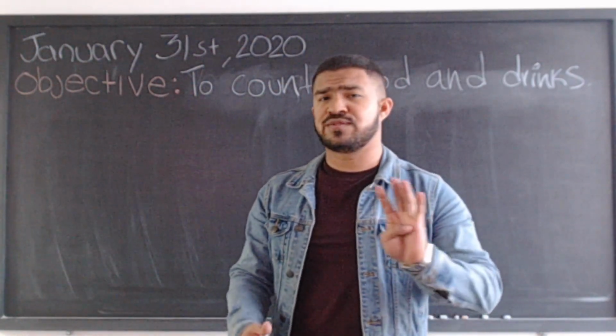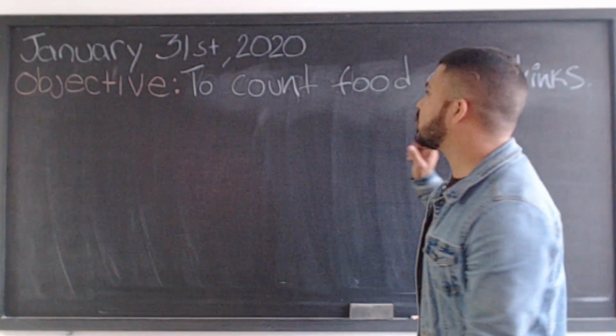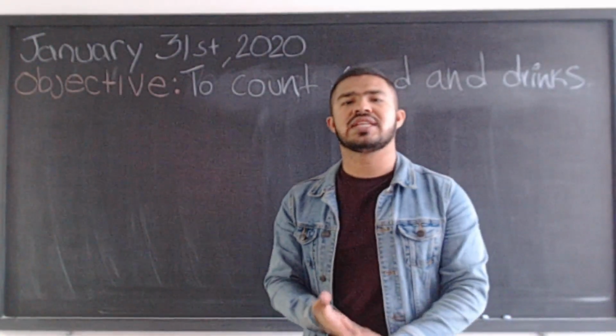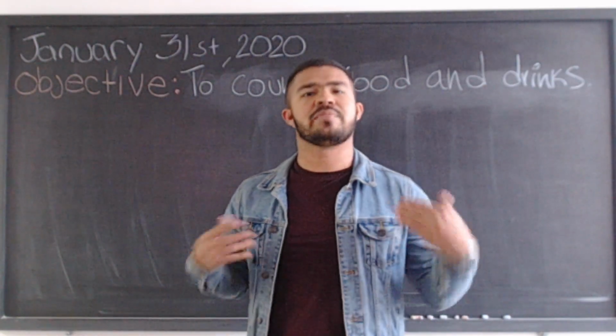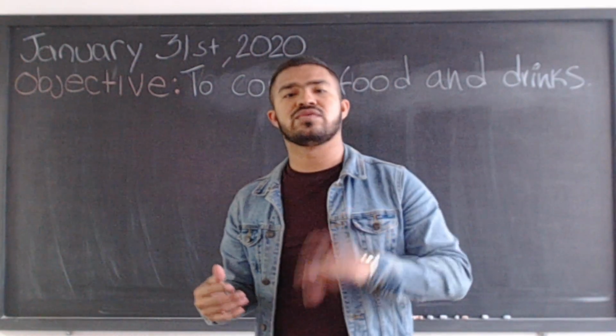Okay, guys, welcome again, and we're going to start. This is cycle 4. So if you see here, we have an objective, and it is to count food and drinks. So it means that today we're going to see countable and uncountable nouns. I repeat, we're going to see countable and non-countable nouns.